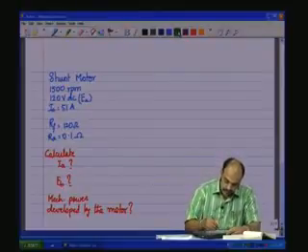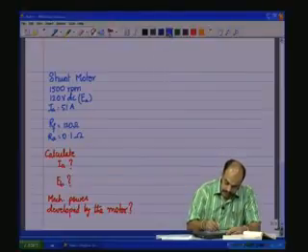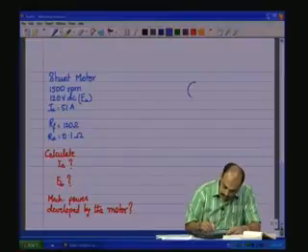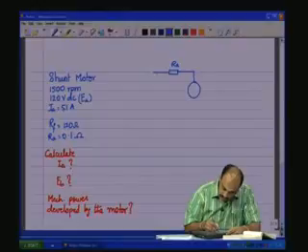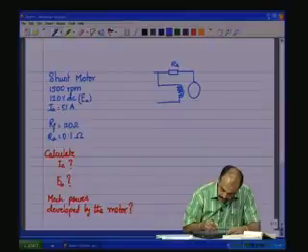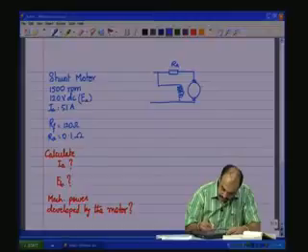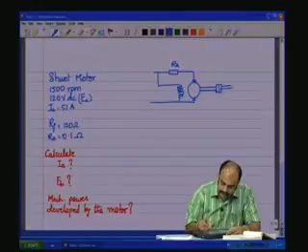Okay. Now, we know that the schematic is like this. This is a shunt field. We have RA, we have the field winding, the brushes, and the mechanical load is connected in this fashion, terminals of the motor.